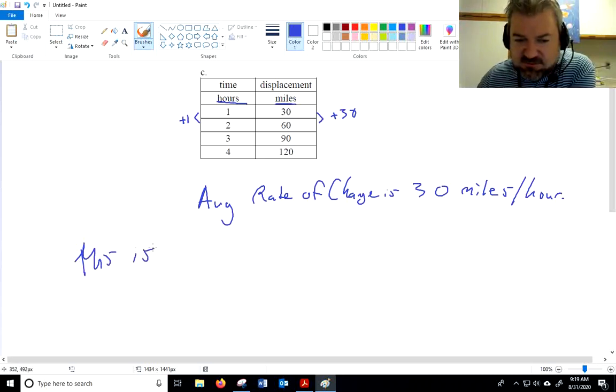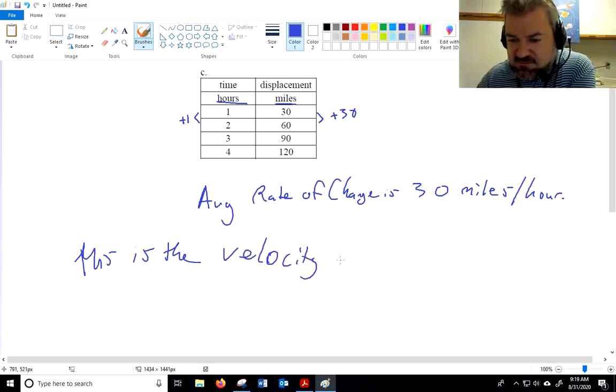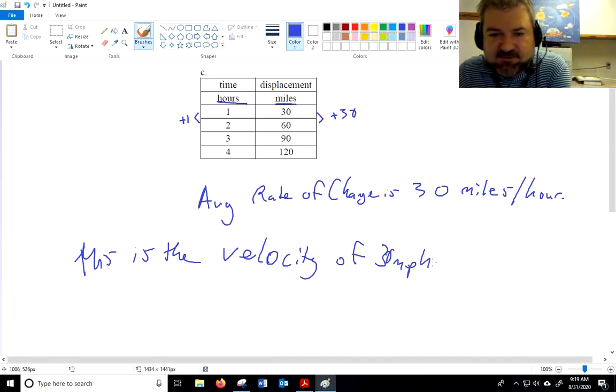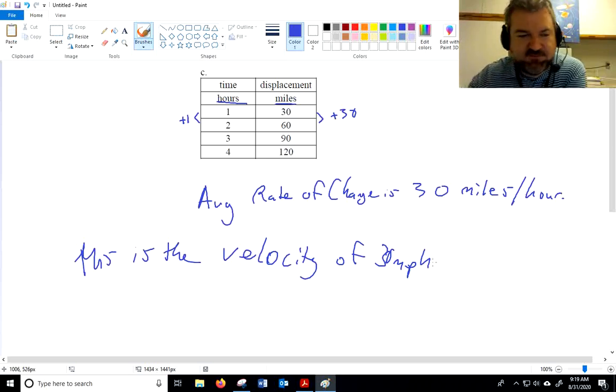This is the velocity of 30 miles per hour. We can abbreviate MPH. So that's probably a concept you're somewhat familiar with. You may think of it as speed. Technically, velocity can be positive or negative depending on if you're going forward or backward. That's really the main difference between the two.